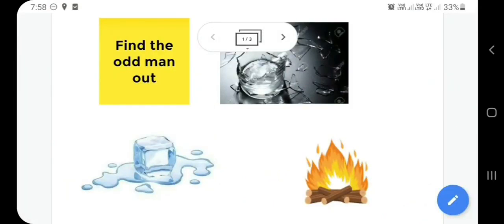So this is an activity time. Here you can see three pictures. Two pictures represent physical changes and one picture is a chemical change. So find the odd man out.